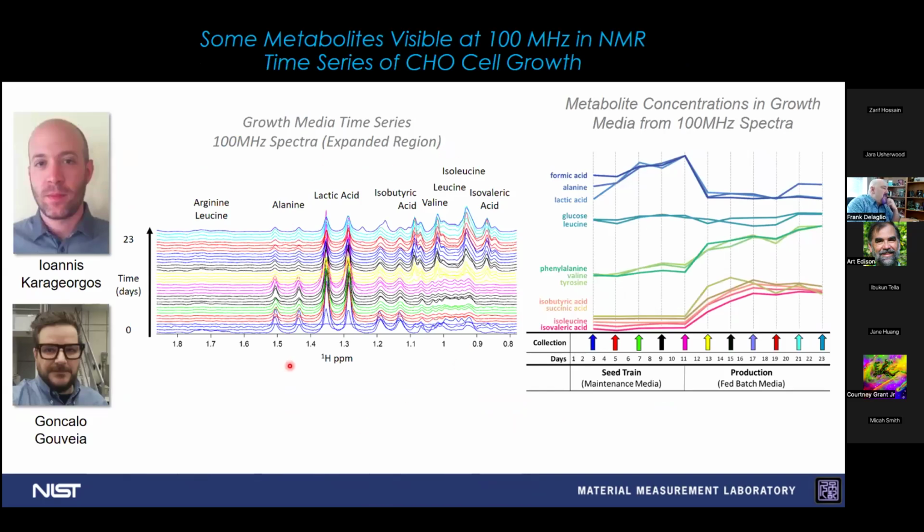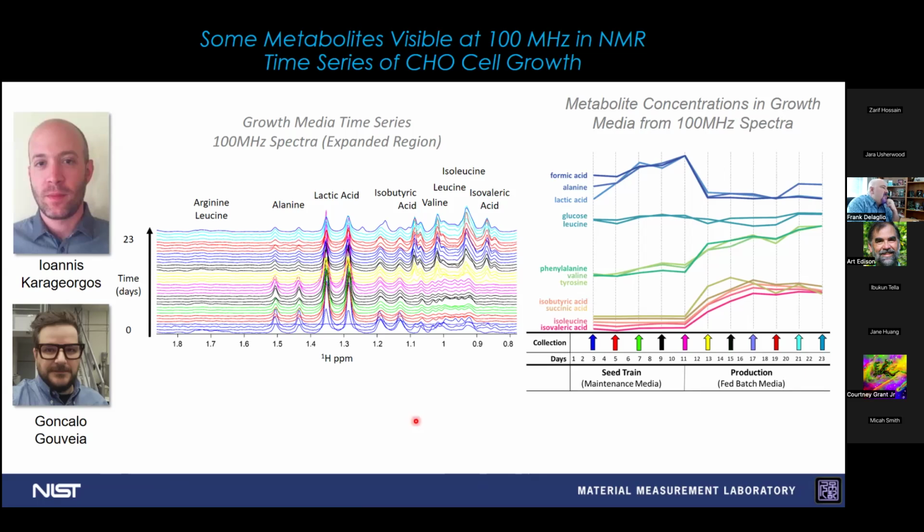This work is in its early stages, but what you can see here are some examples of 100 megahertz benchtop spectra measured over the course of about 2 weeks, 3 weeks. And without much trouble, we can easily identify a dozen different metabolites in these benchtop spectra.